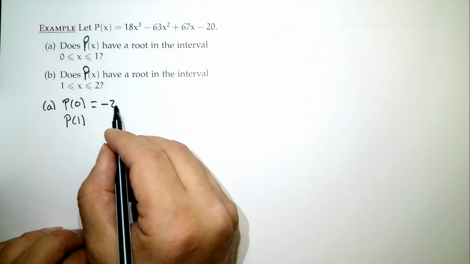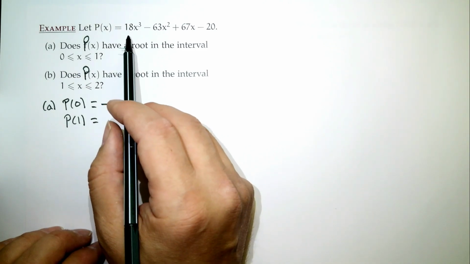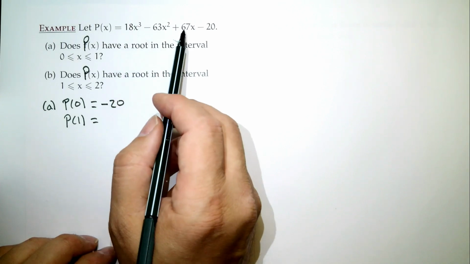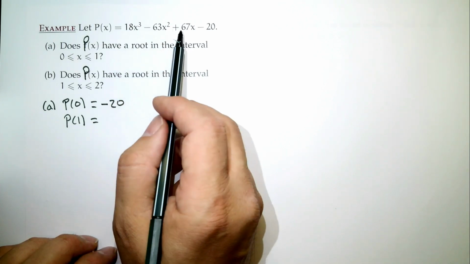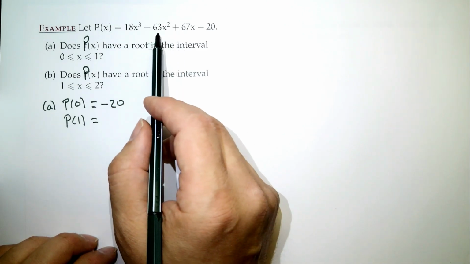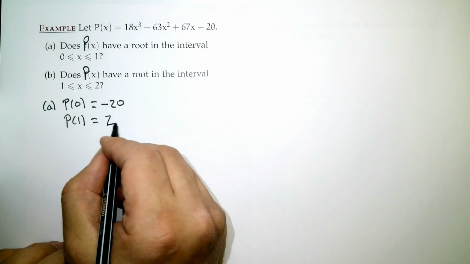Negative 20. How about when we plug in 1? Well, that one's probably not quite so fast. You see an 18 and a 67. Those will combine together to give you 85. Then you see a negative 63 and a negative 20. Those will combine together to give you negative 83. So you end up with 2.